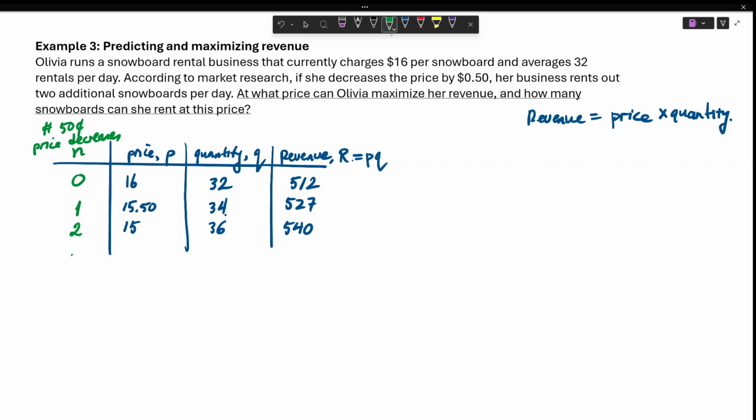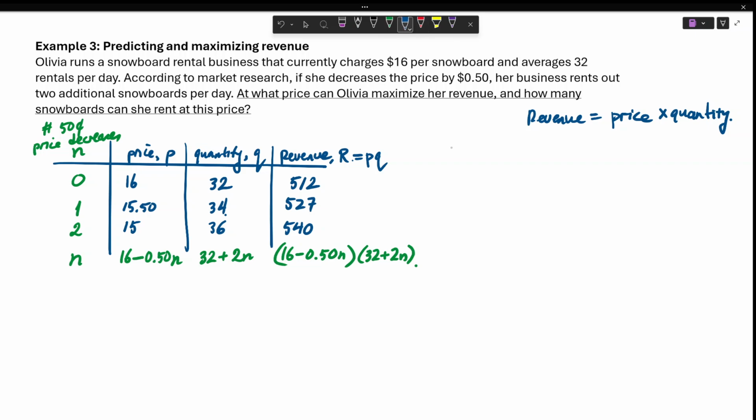So if she decreases the price n times, the price is going to be 16 minus 50 cents times n. And the quantity is going to be 32 plus 2 times n, right? 2 extra sales per price decrease. So the revenue should be the price times the quantity, which is (16 minus 0.5n) times (32 plus 2n).